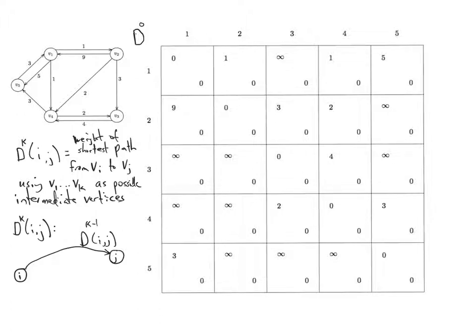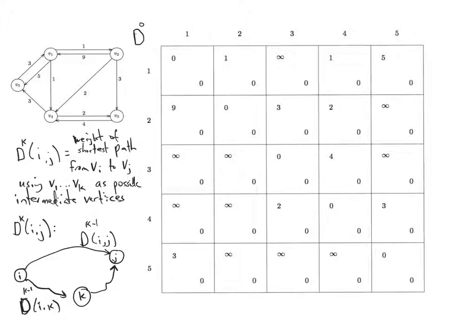But if we do use vertex k, then we can travel some path till we get to vertex k, and then from there we could imagine going on to vertex j. So now to make the recursion work, we just have to figure out what label to put on this edge here. And in fact, the label we want is d k minus 1 from i to k.